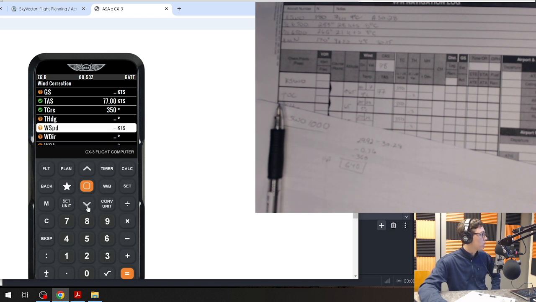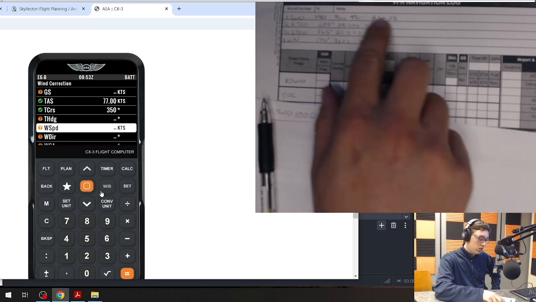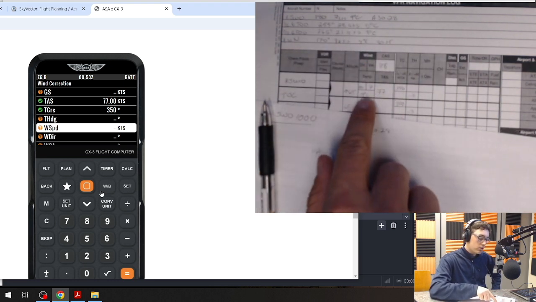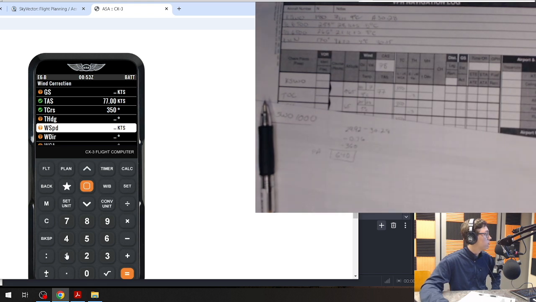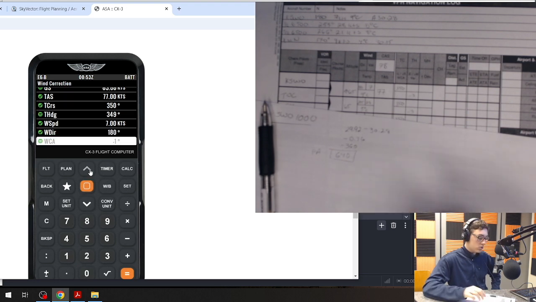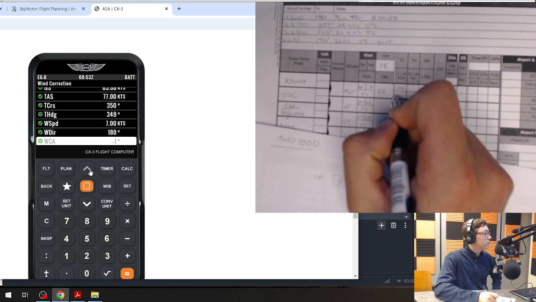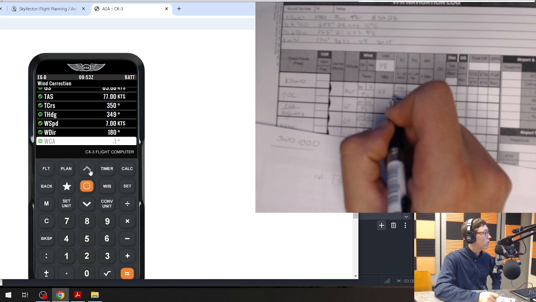Let's look over here, wind speed, right over here, 180 at 7. Wind speed is going to be 7 knots, and the direction we just said was 180. Wind correction angle of -1. So WCA, it's a left wind correction angle, -1, the calculator already gives us that.